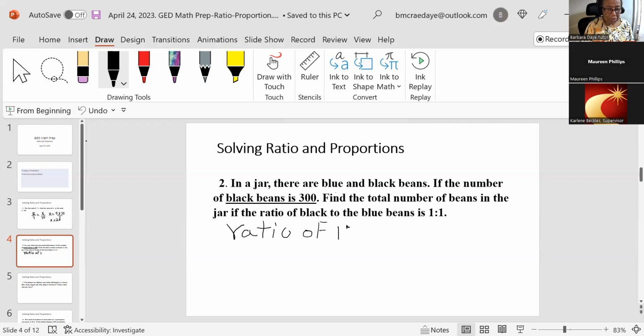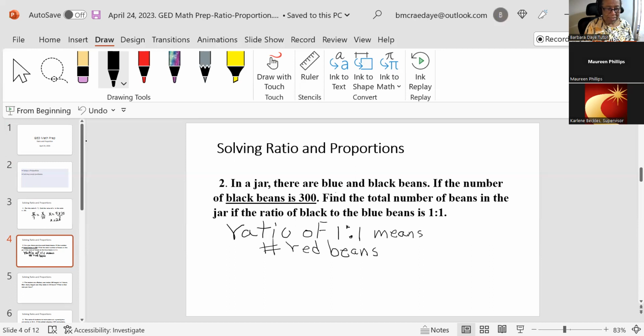A ratio of 1 to 1, that means... you see it now, right? That means the number of red beans equals the number of black. Okay, number of red beans.